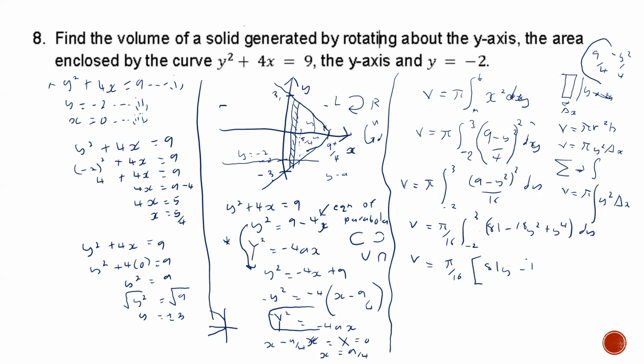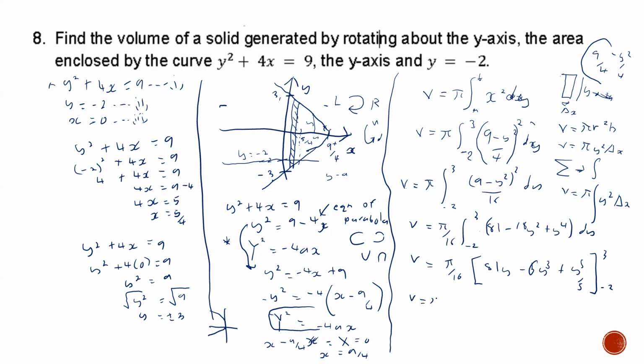Okay, I'm not going to rush, but because of the limited space, when I integrate this is 6y cubed plus y to the power 5 over 5, then this is from -2 to 3. Just in case you don't agree with what I've done, please feel free. I should be correct up to that point.